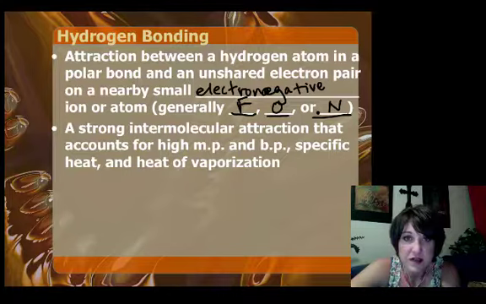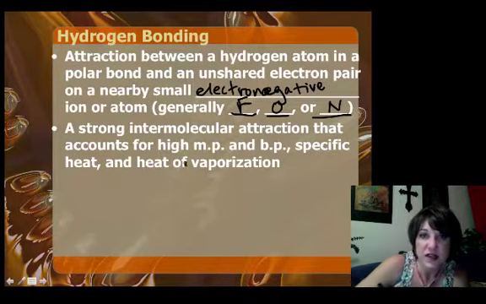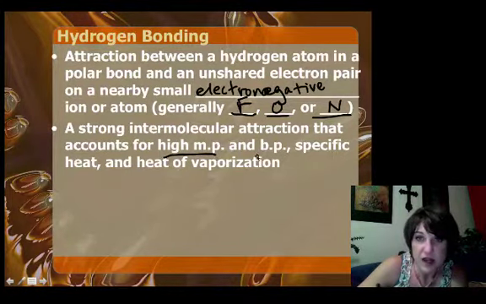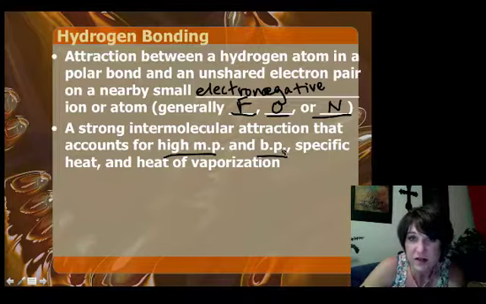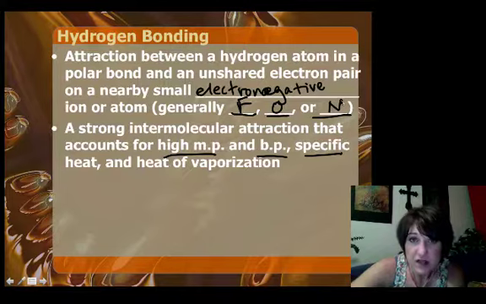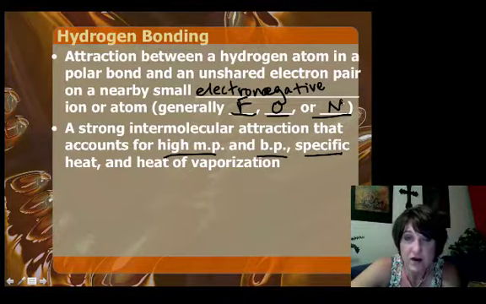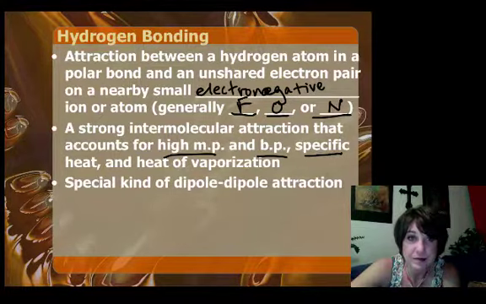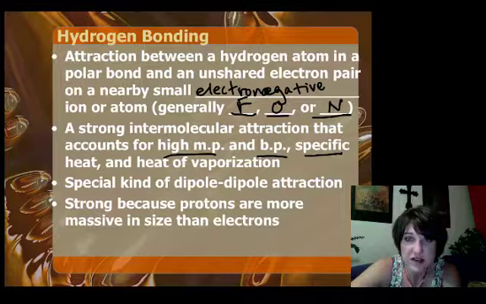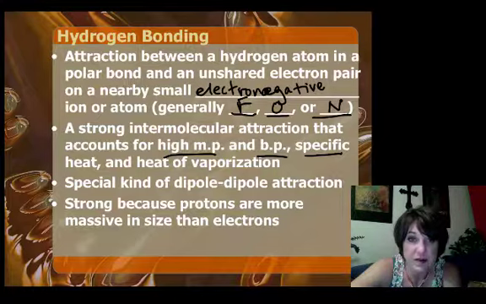The strong intermolecular attraction accounts for the high melting point and high boiling point, especially for something like water, or the high specific heat of water. And also the heat of vaporization tends to be very high in substances that have hydrogen bonding. This is a special kind of dipole-dipole attraction that tends to be extraordinarily strong and results in drastic changes in the properties of substances.